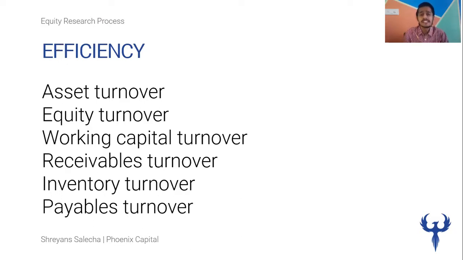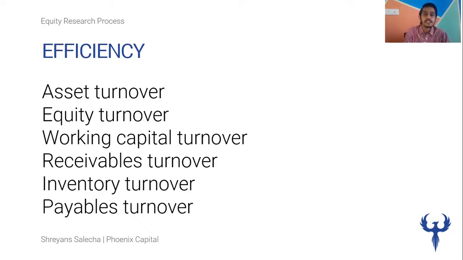Now, why are these cycles important, and what should you be looking at? The cycles are important because we have limited resources, and the more cycles we can complete, the better we are using those limited resources, or maximizing the usage of these resources. Receivable turnover is calculated as sales upon receivables.